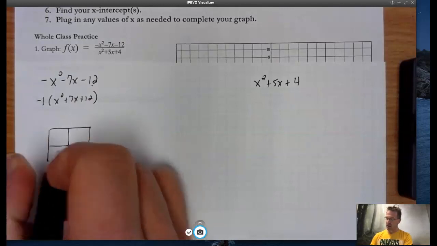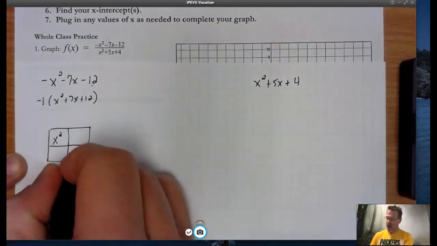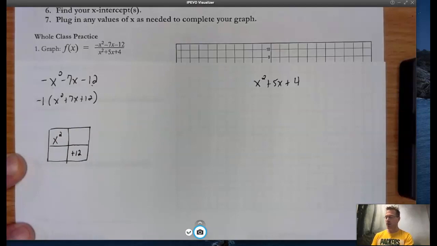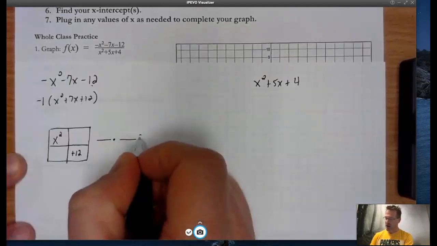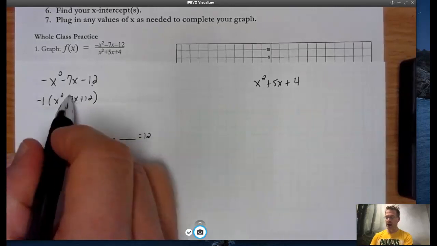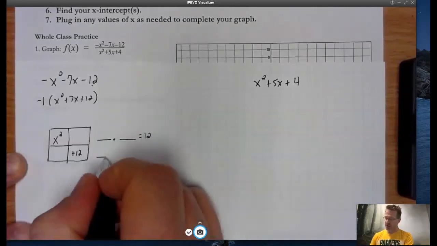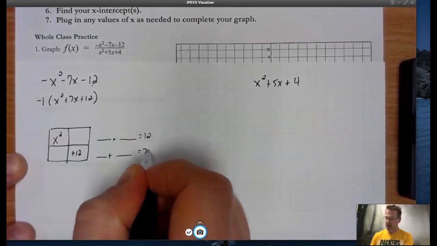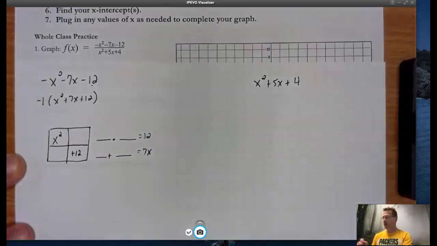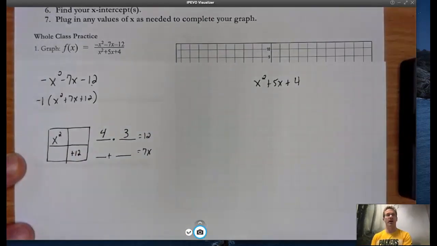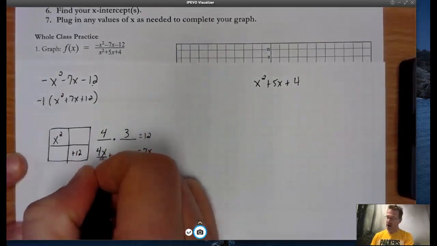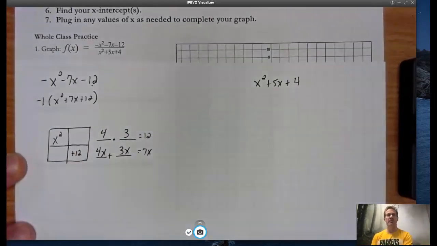Once again, I'm going to jump into our area model real quick. The a term goes in the upper left hand, the c term in the lower right hand. We're going to do a times c, so that's 1 times 12, which is positive 12. Then we have to find those factors of 12 that add to be 7x. I know that 4 times 3 is positive 12, and that means 4x plus 3x is 7x.